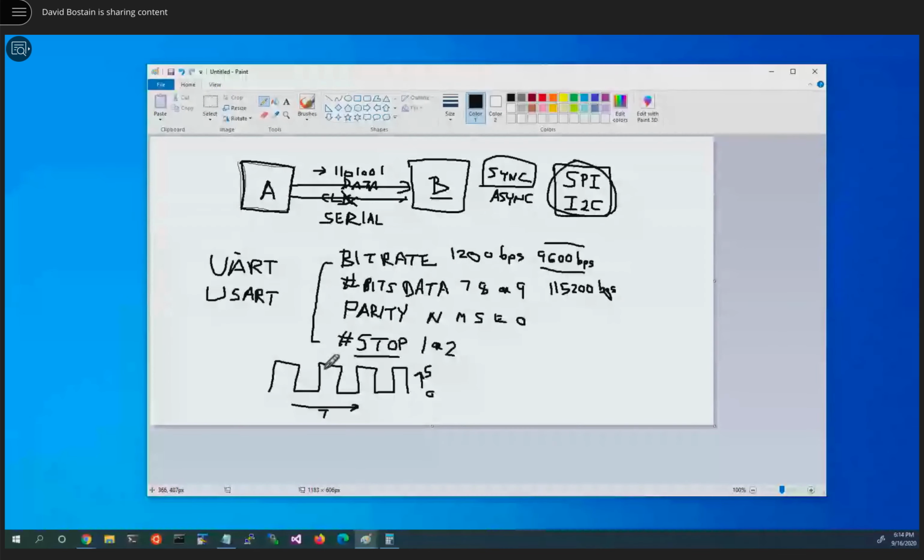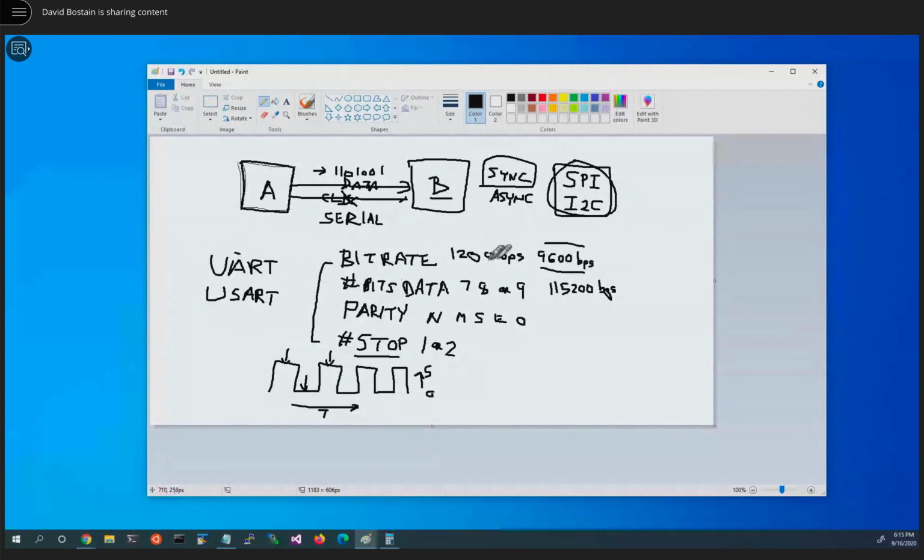And let's assume that each of these represent a bit. Well, when we get ready to sample the bit, we don't want to sample on a rising edge or a falling edge because we would be unsure about what we were seeing. We want to actually sample the data right in the middle of that time period. Sample again, right in the middle. Sample in the middle, and so forth.